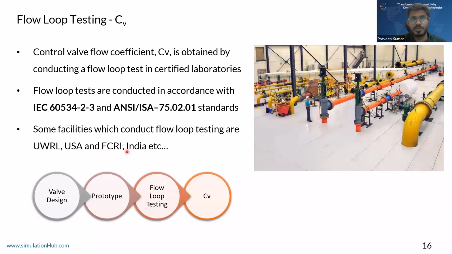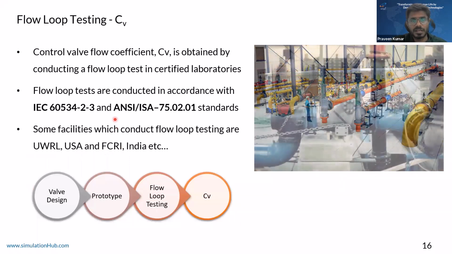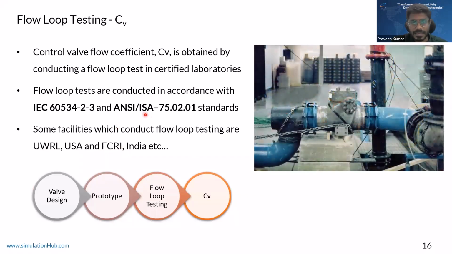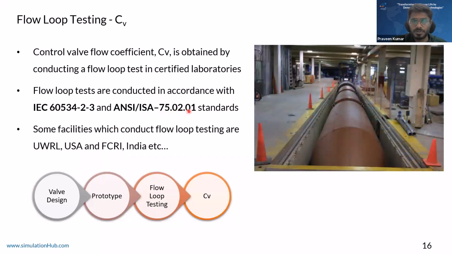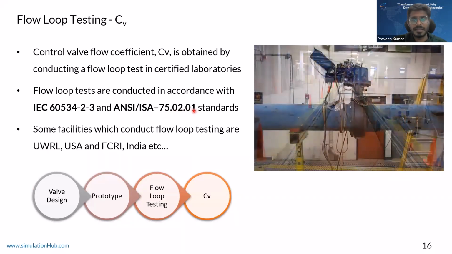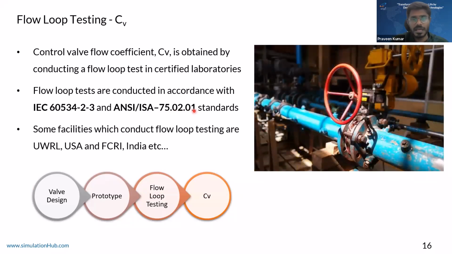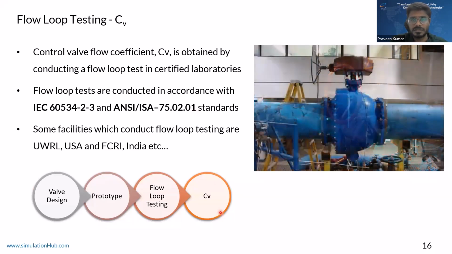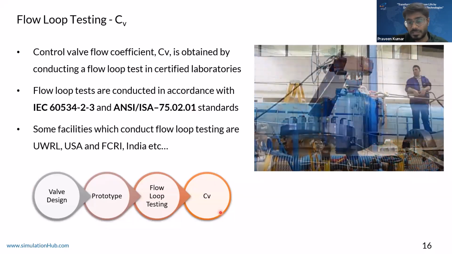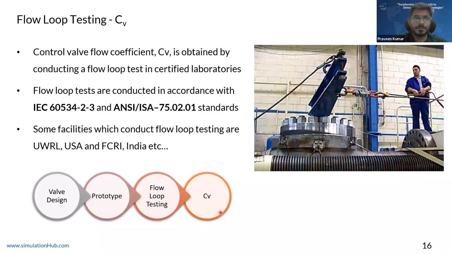These labs perform flow loop tests based on regulations set by the ANSI ISA standard 75.02.01. This standard sets regulations about how to conduct the flow loop test and extract, estimate, and evaluate your CV for the given valve design.